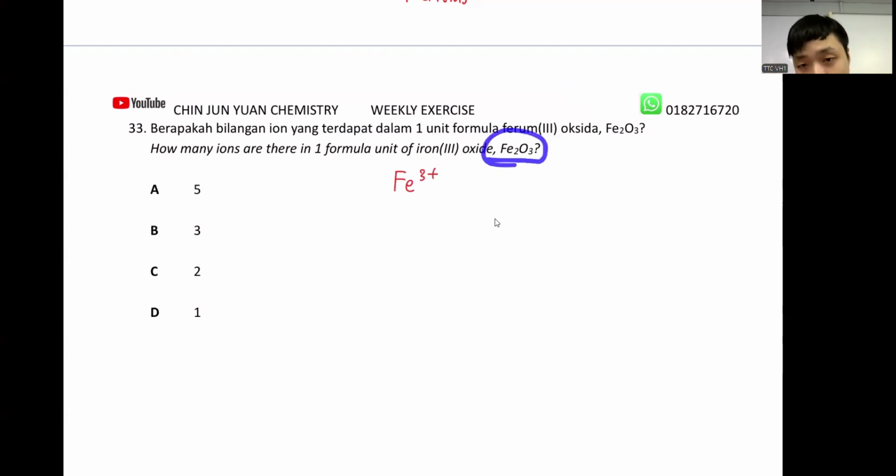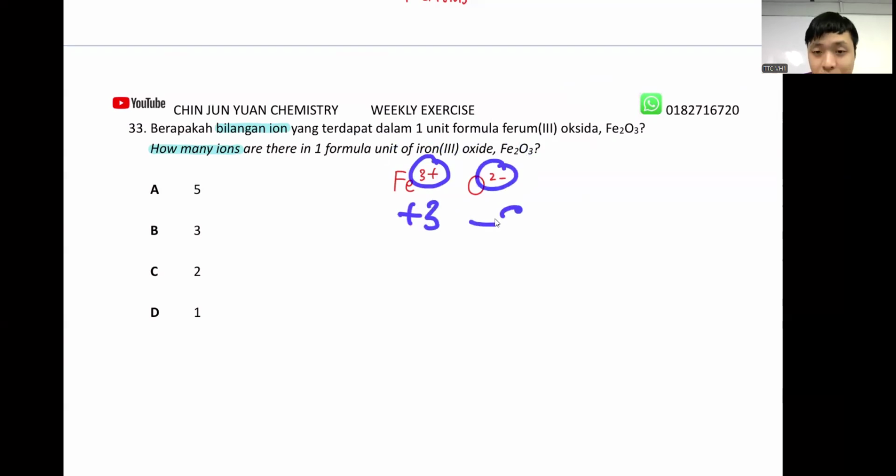Based on the formula, if the Fe is 3 plus, the O is 2 minus. Now they ask, how many ions? Berapakah bilangan ion? Maybe people tell me, two lah, 1, 2. No, in this case, not only 2. You see properly. Now, can positive 3 cancel negative 2?